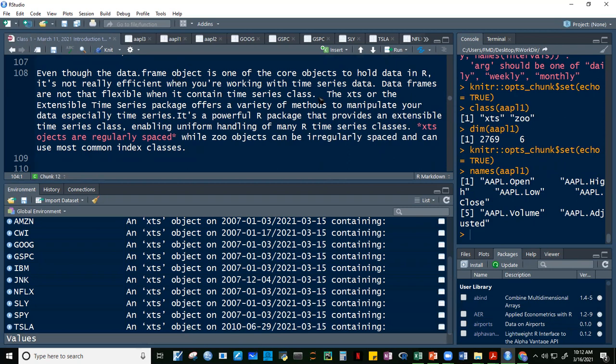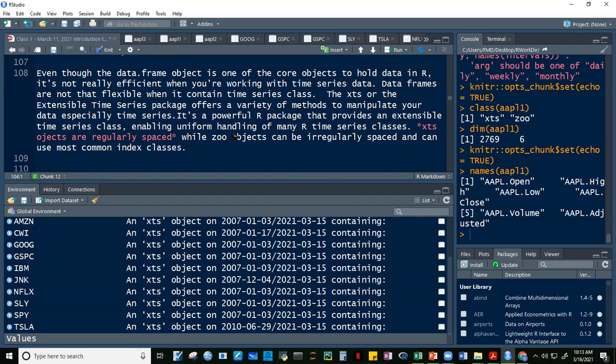See, XTS is a more powerful, extensible time series class that offers a variety of methods to manipulate your data, especially time series. So it's better to use XTS when we are looking at time series. It's a powerful R package that provides an extensible time series class, enabling uniform handling of many R time series classes.